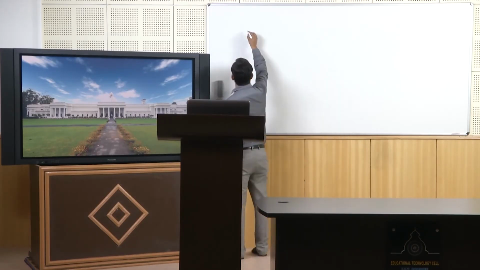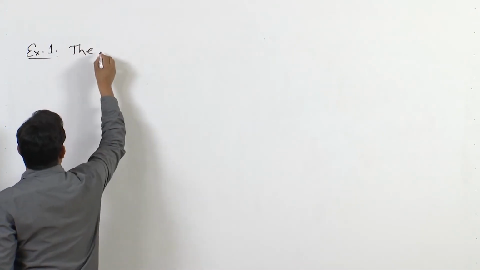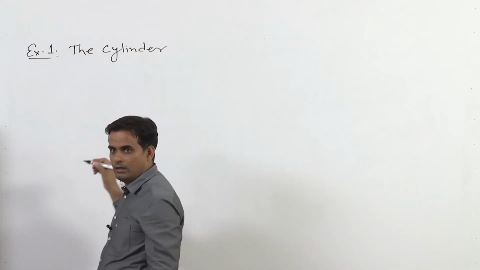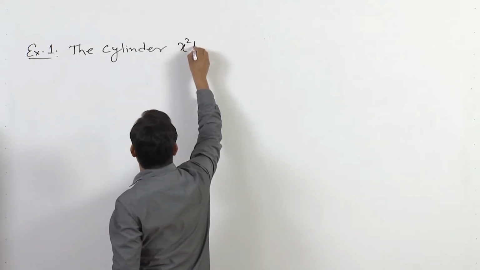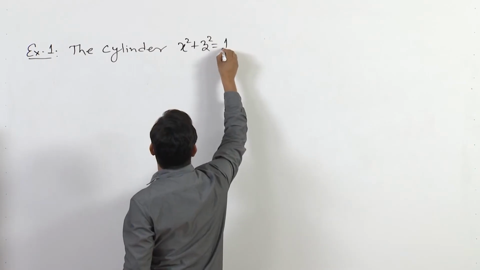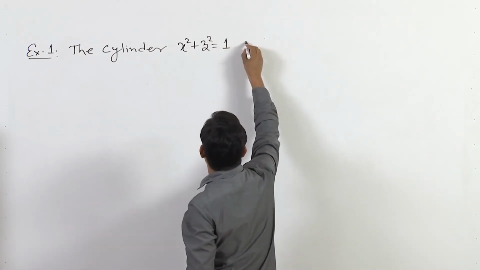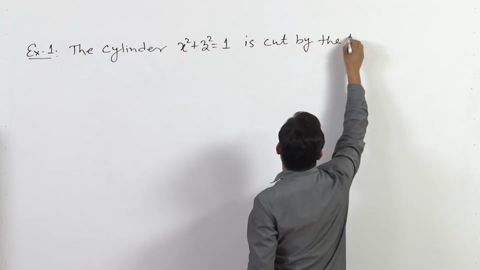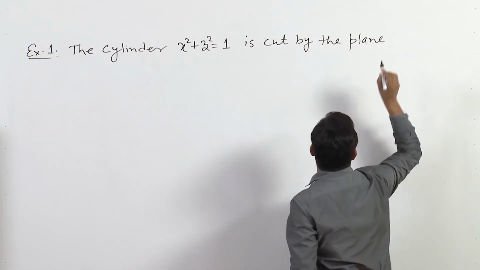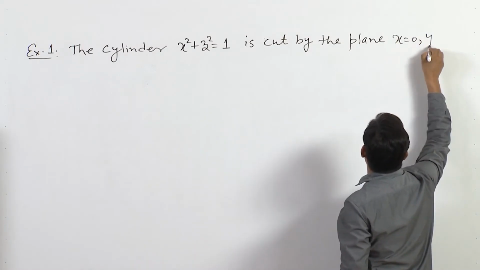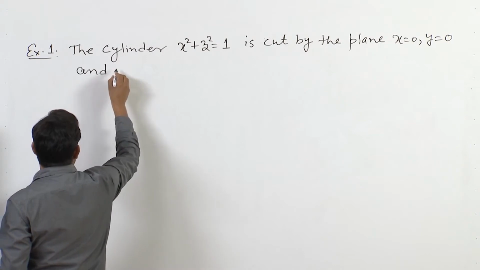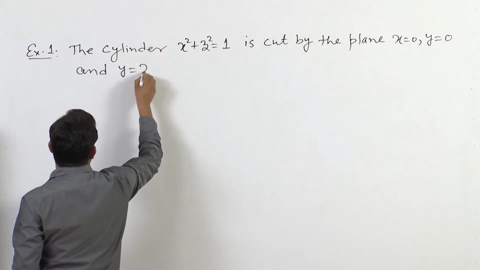Example 1: the cylinder x square plus z square equals 1 is cut by the planes x equals 0, y equals 0 and y equals x.